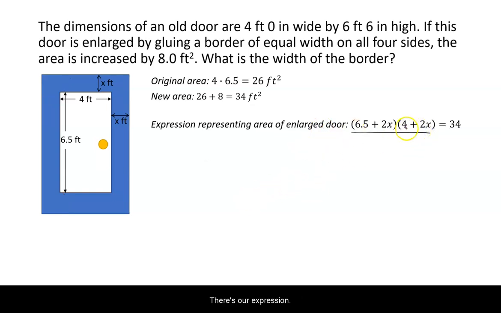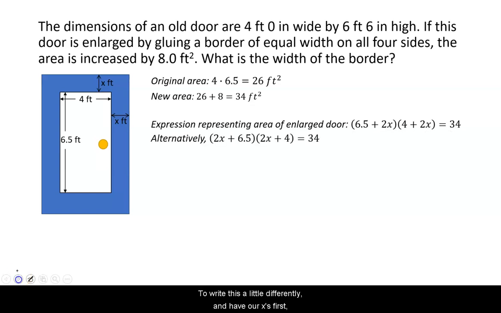There's our expression, and it is equal to the new combined area of 34 square feet. To have our x's first, we could write this as (2x plus 6.5)(2x plus 4) equals 34.